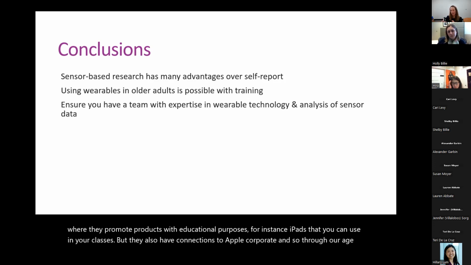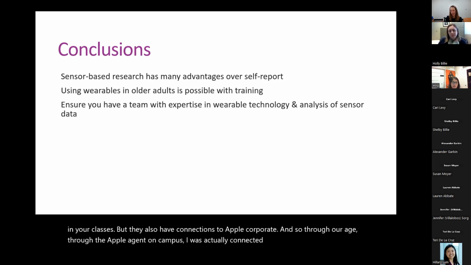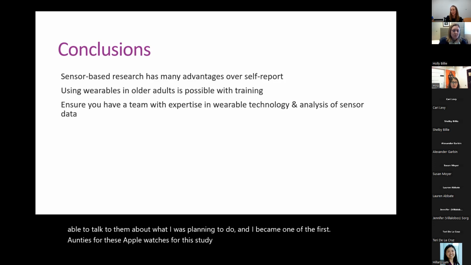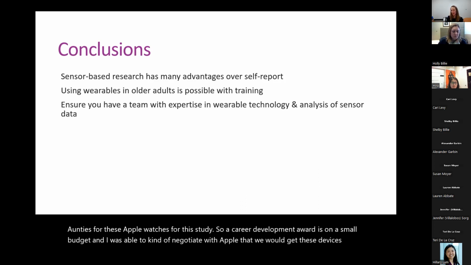Through the Apple agent on campus, I was connected to the national folks and was able to talk to them about what I was planning to do. I became one of the first grantees for these Apple Watches for this study. The Career Development Award is on a small budget, and I was able to negotiate with Apple that we would get these devices to help with that budget.